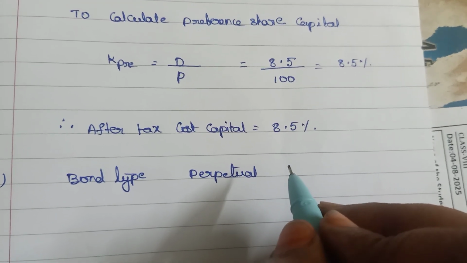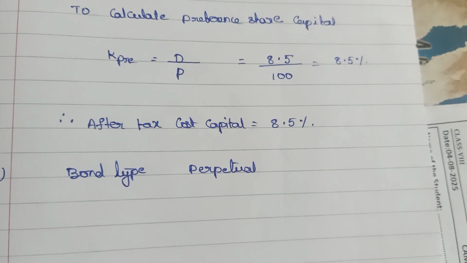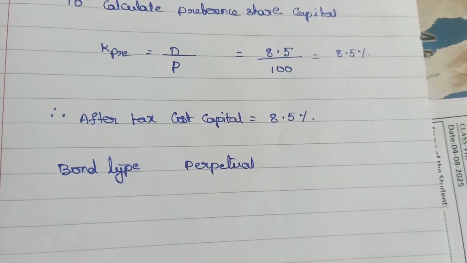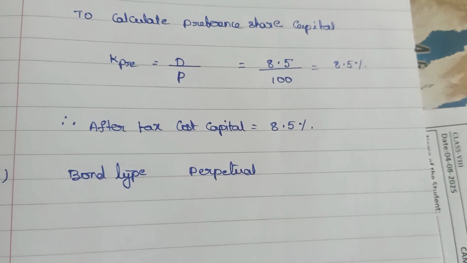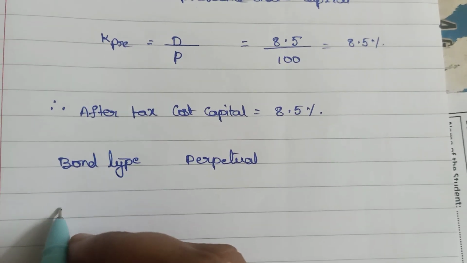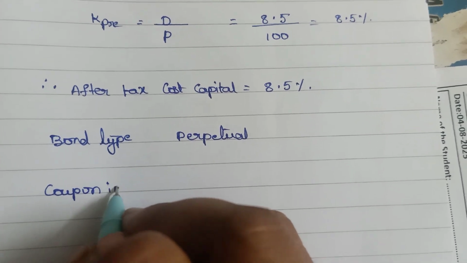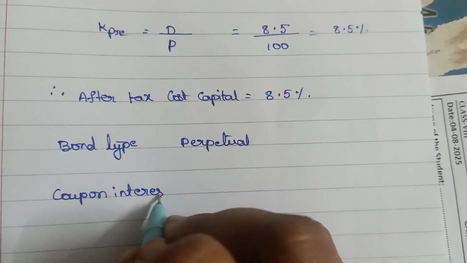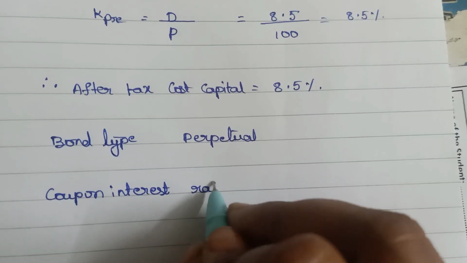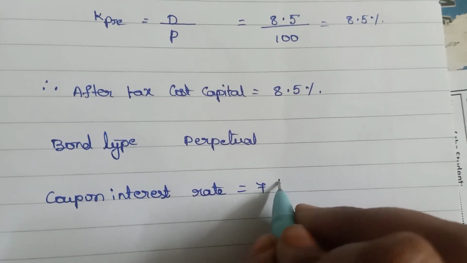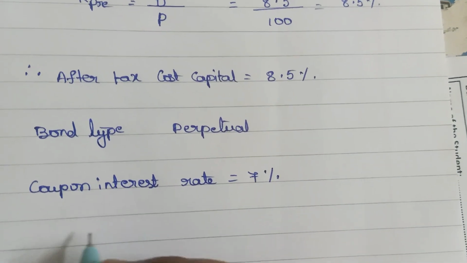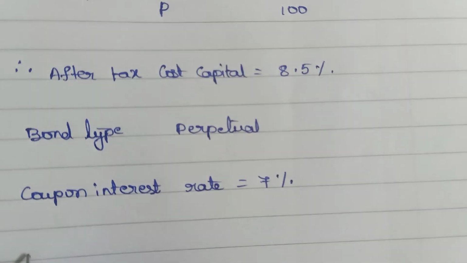Sold at par means the issue price is equal to the face value. What is the coupon rate? The coupon interest rate is 7%.